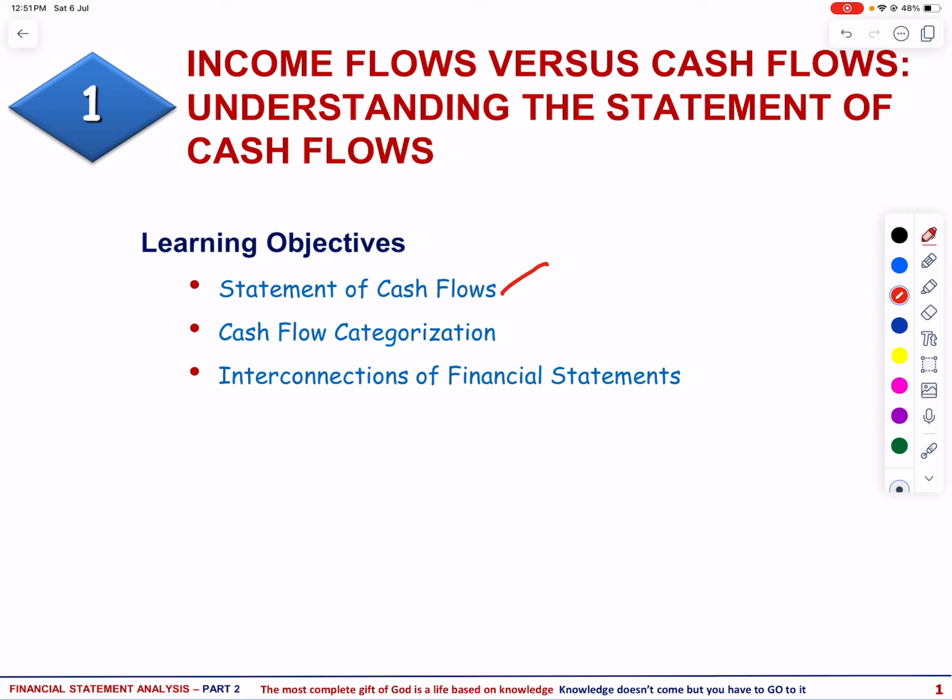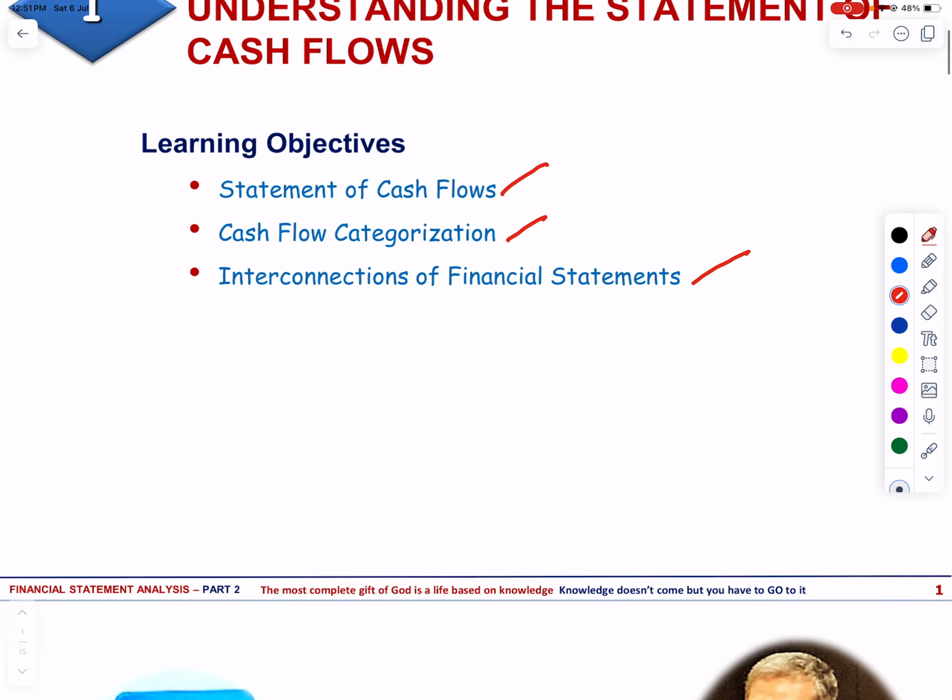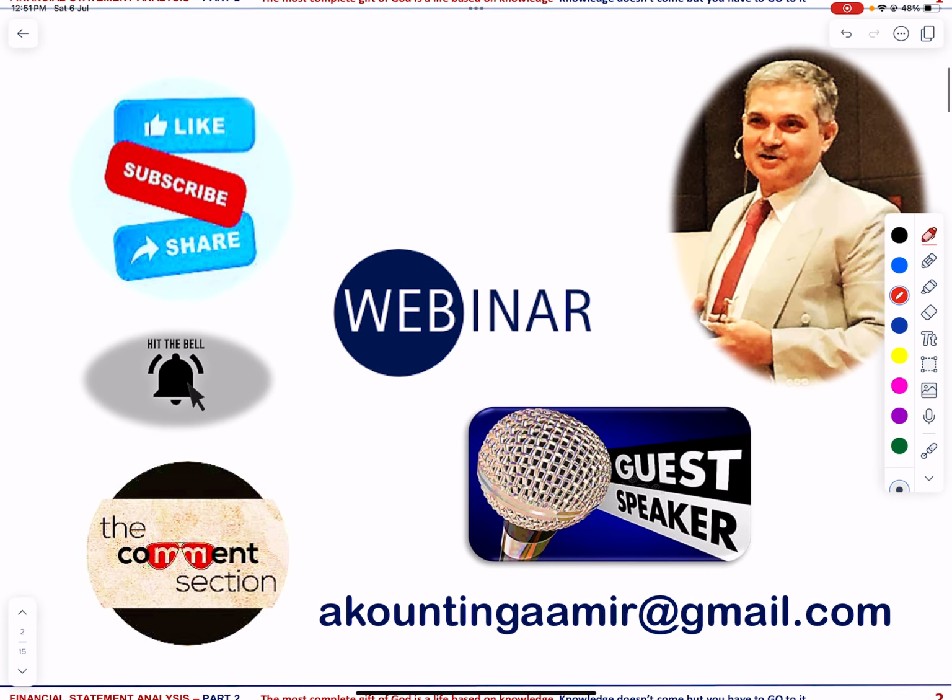We will talk about cash flow categorization, where we will cover operating, investing, and financing activities reflecting different company life cycle stages. And finally, we will talk about interconnections of financial statements, where we will explain how the balance sheet, income statement, and cash flow statements are interconnected.